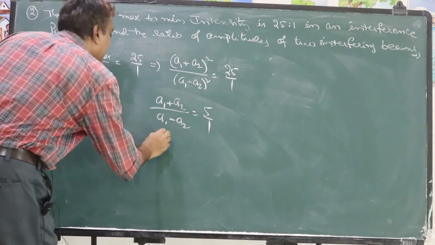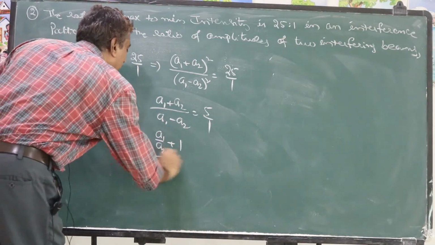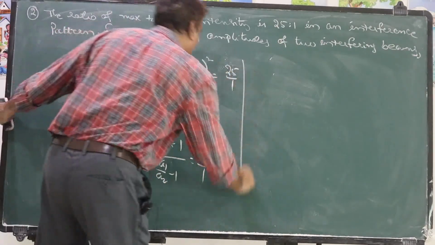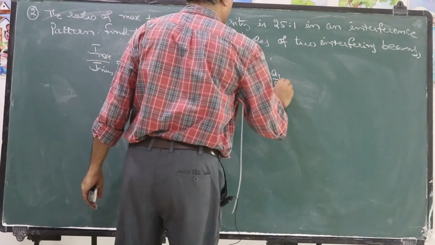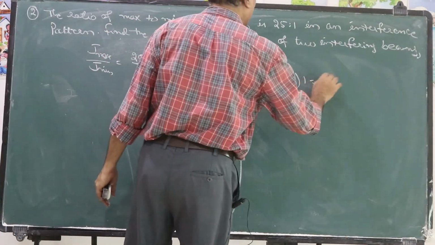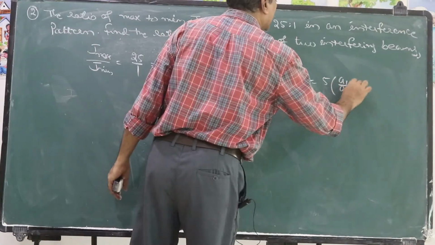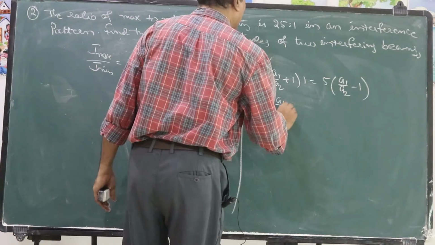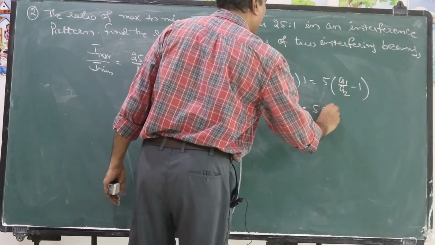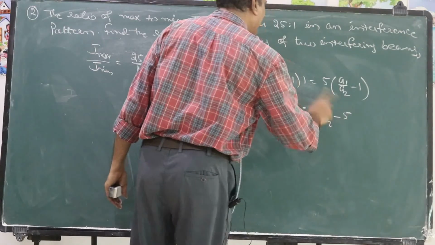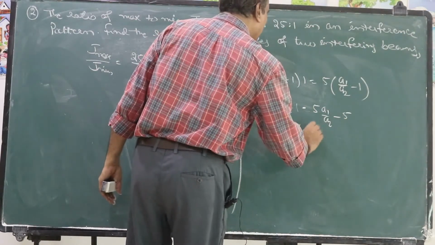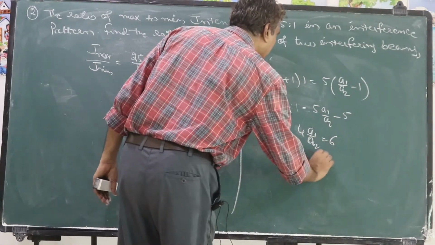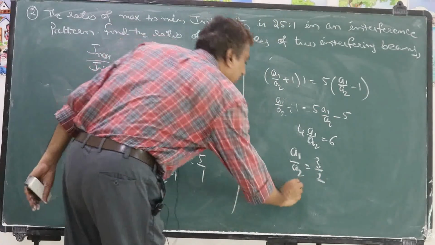Now, dividing with A2, (A1 by A2 plus 1) by (A1 by A2 minus 1) equal to 5/1 implies A1 by A2 plus 1 is equal to 5 into (A1 by A2 minus 1). So, A1 by A2 plus 1 equal to 5 A1 by A2 minus 5. That is 4 A1 by A2 is equal to 6. So A1 by A2 is equal to 3 by 2. So answer is 3:2.